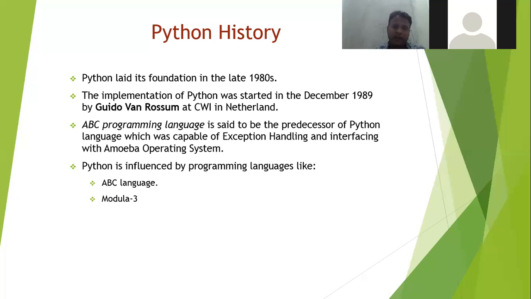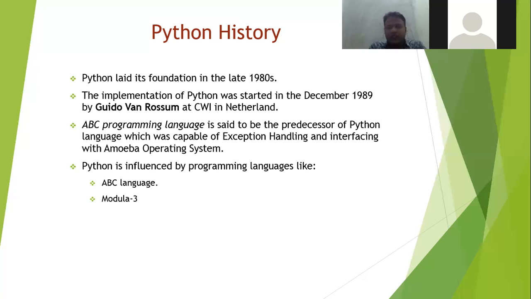It is not that Python came in the 20th century. The concept was developed in the 1980s. Guido van Rossum is a mathematician, working as a mathematics professor. He wanted to develop software that helps students work with statistics.